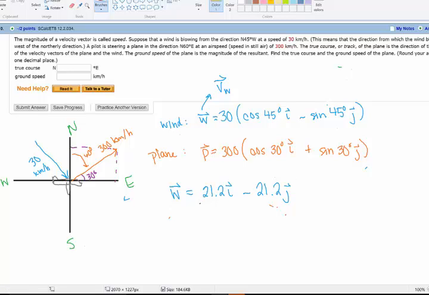And now for the plane, 300 times cosine 30 is 259.8, that's i. Now, keep in mind, your numbers might be different, because it randomly generates these numbers. So don't just type in the answers I get, because you might not have 30 and 300 in your problem. And then 300 times, well, sine of 30 is a half, so 300 times a half is 150.